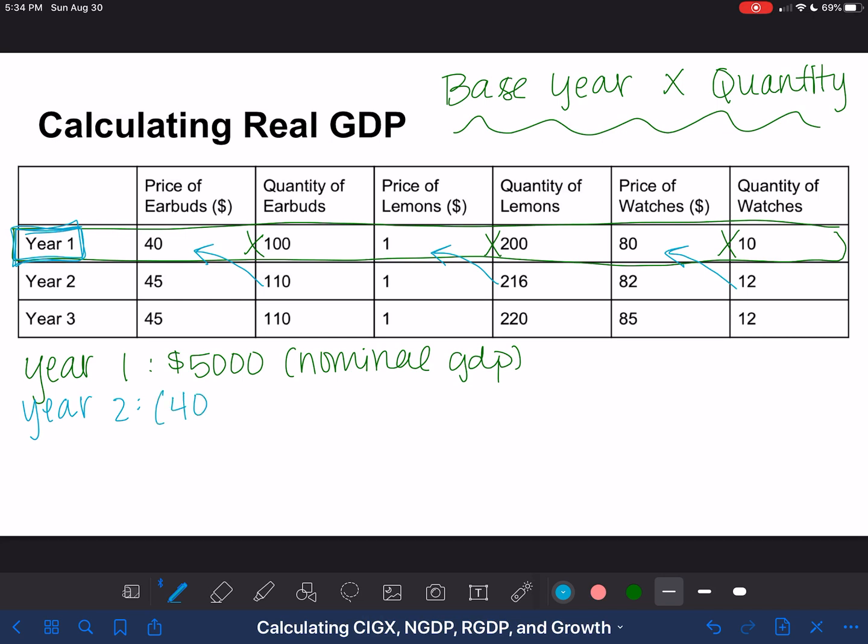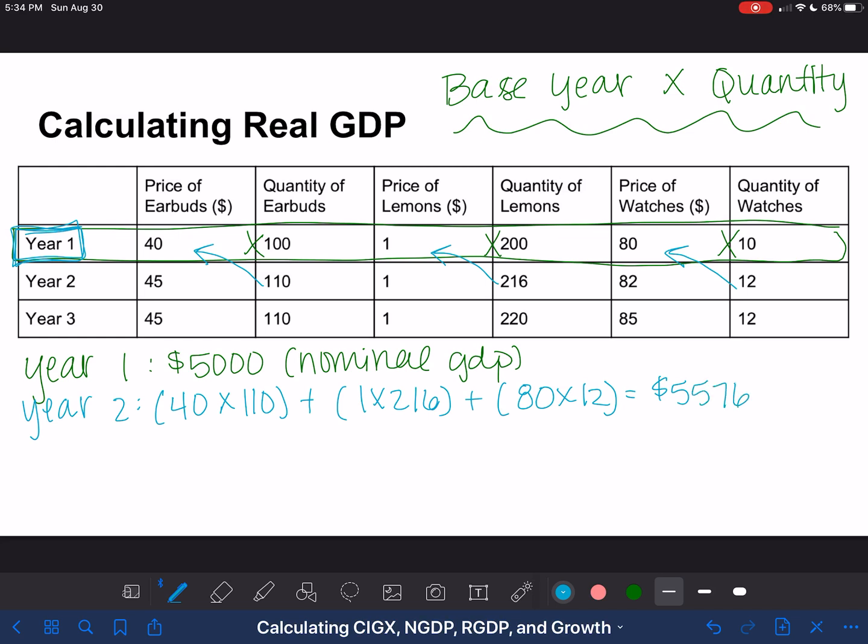If we multiply and add those together, we will get 5576.